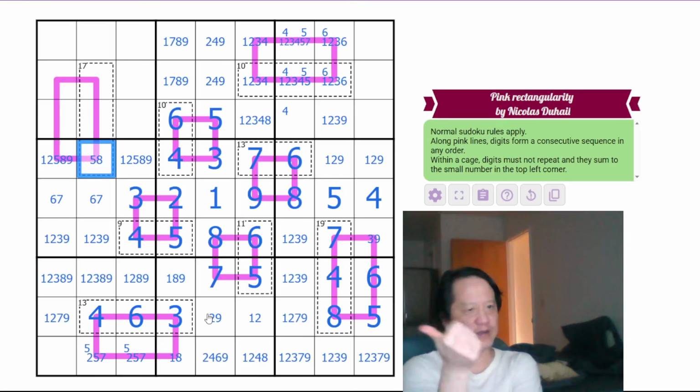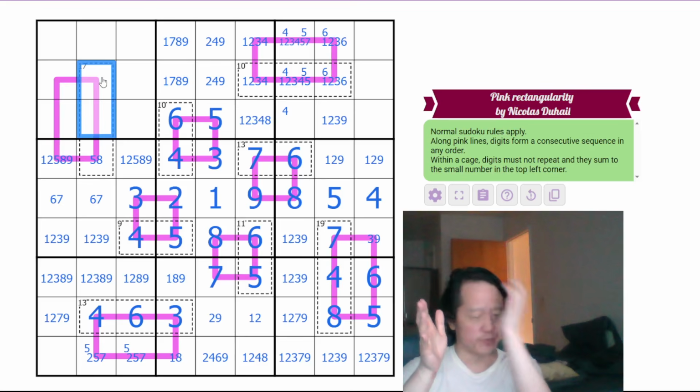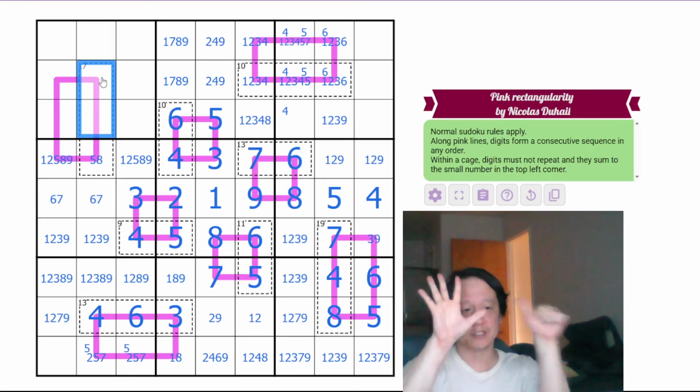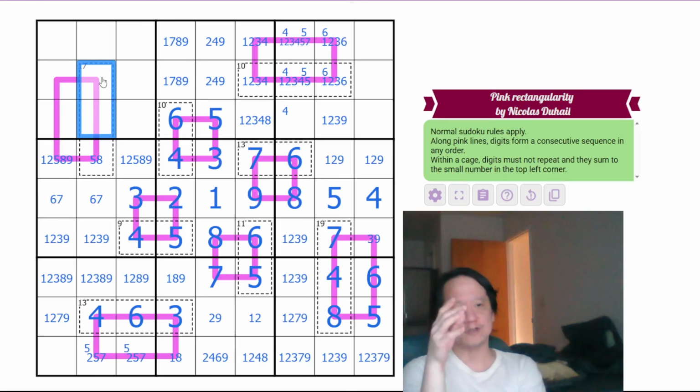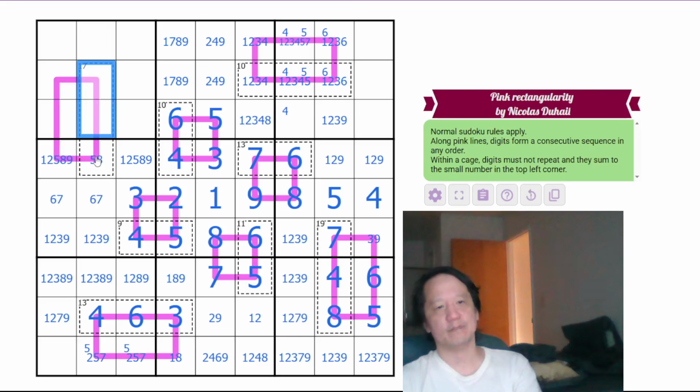But we don't have 5, 7 available. We don't have 4, 8 available, which would, if this was 5, then this would have to be 3 and 9, which is a difference of 6 apart from each other, so that's not going to be able to form a 6-length Renban, because the difference between the smallest and the largest digit must be 5 at most for this cage. So no 5 here, this is 8.